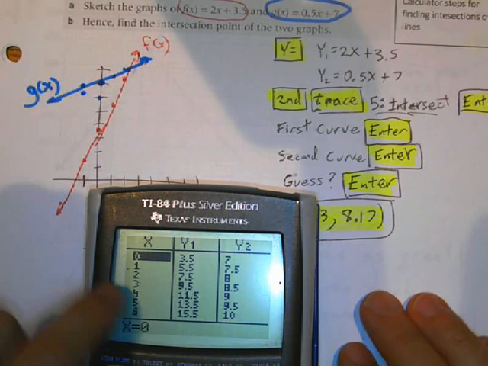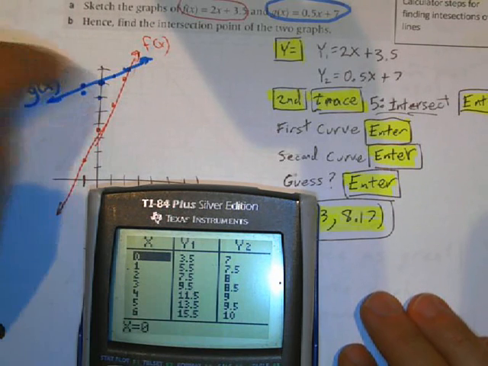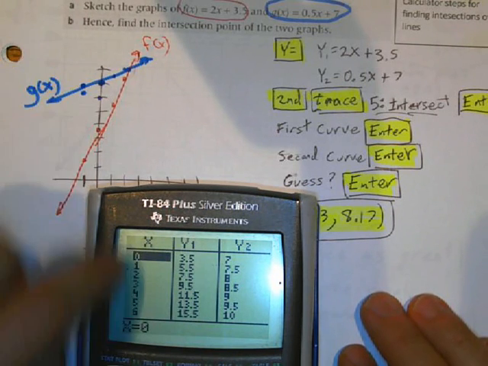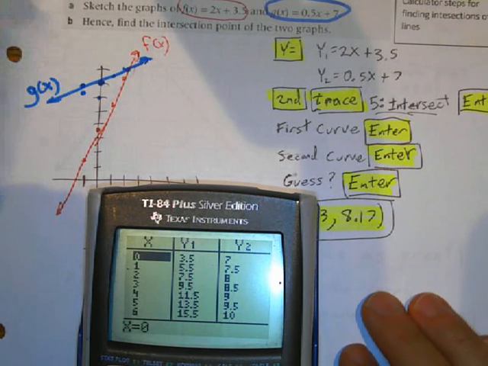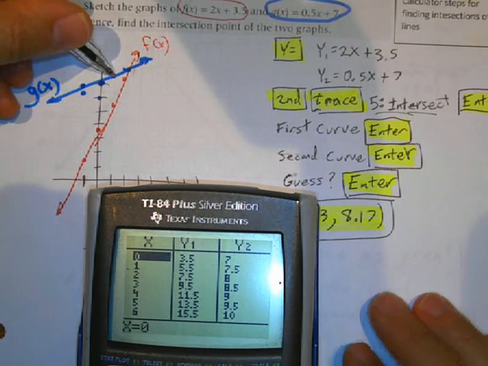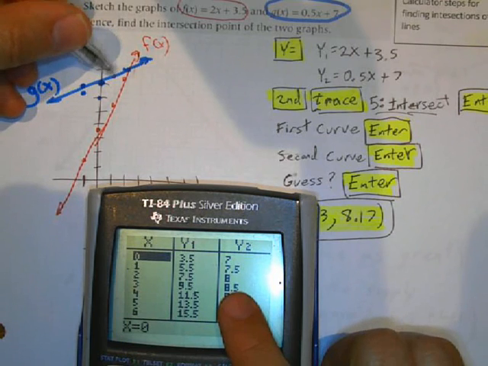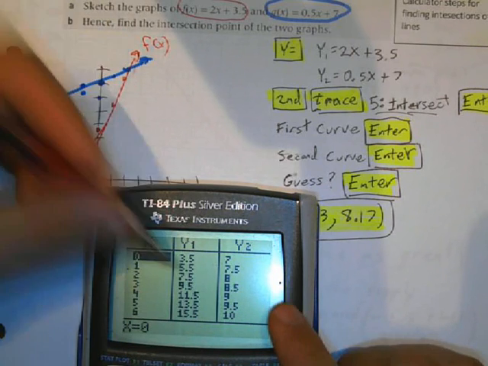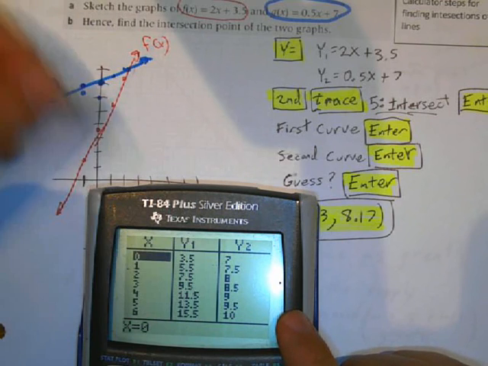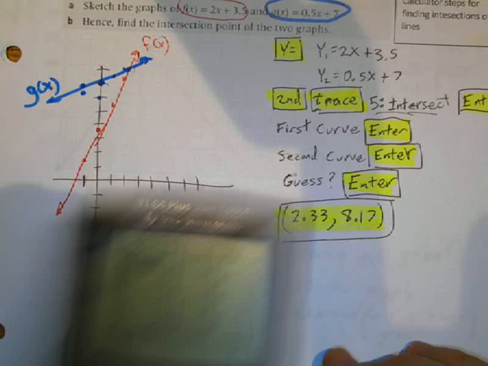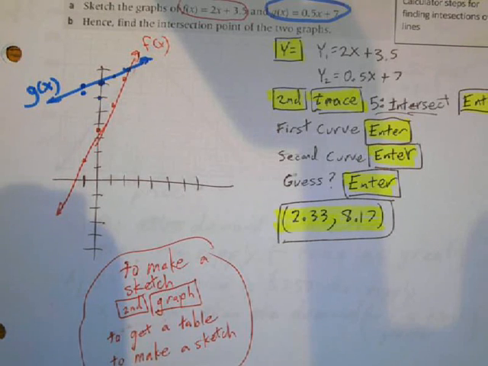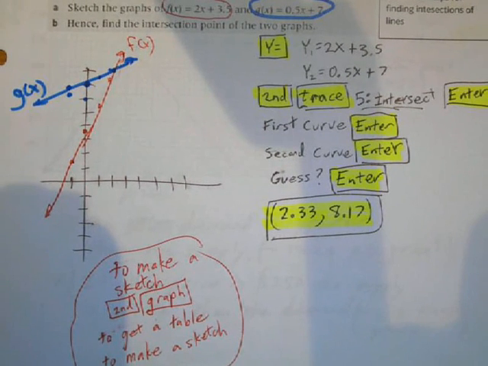And then 0, 7 is this blue dot. 1, 7.5 is this blue dot. 2, 8 is this blue dot. So you can use this table to help you plot points when you're making a graph. You might want to hit pause to copy these instructions.